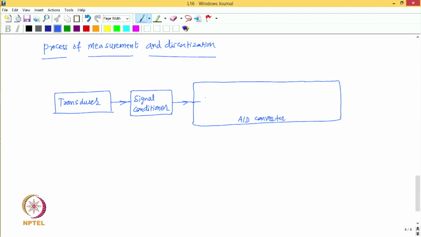So, the first process is process of discretization, and the next process is the process of digitization.